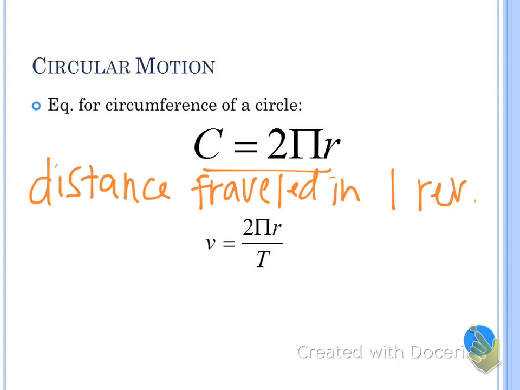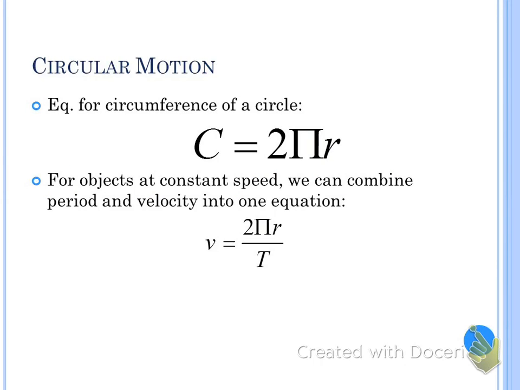Since we know that velocity equals distance over time, we can combine that equation for distance over the time it takes for it to travel one complete path. Period is the time it takes for it to complete one revolution, and this is the distance of it in one revolution. So velocity equals distance over time, which in our circular motion terms is circumference over period.